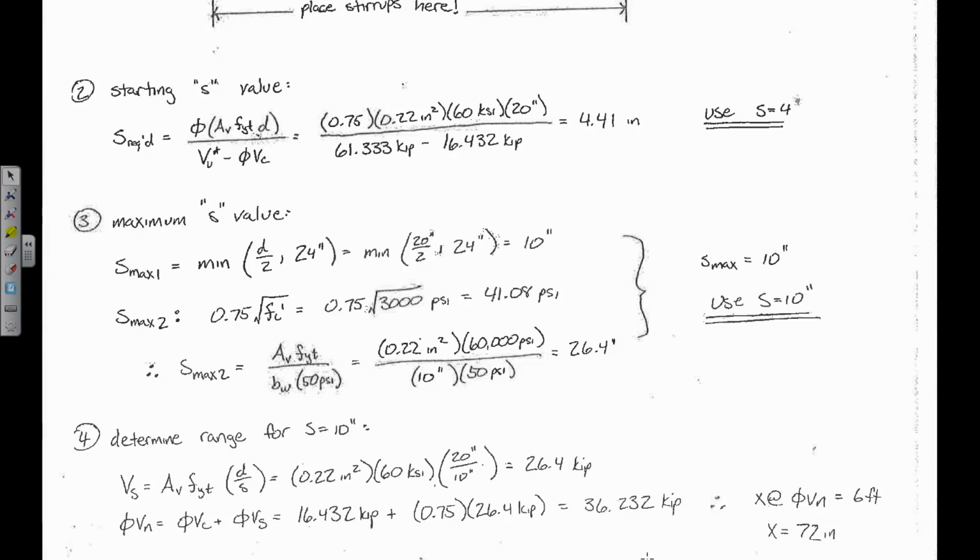Then we're going to use 10-inch spacing until where? Until x is 119.4, because that's when we don't need stirrups anymore. Once we get past that point right there, all those shears are less than half of phi Vc, and we don't need stirrups at all. Make sense?